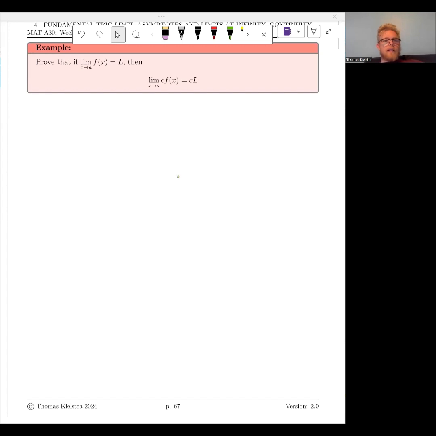Now we're proving something a little bit more abstract. We're going to assume that the limit exists and prove that if we have c times f of x, that the limit equals c times our limit.